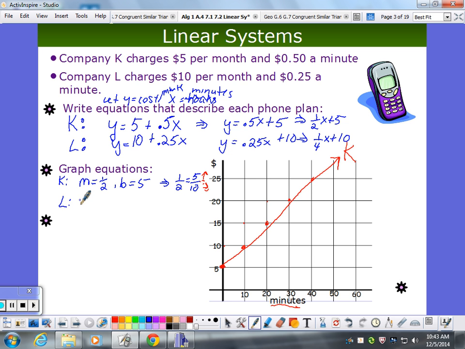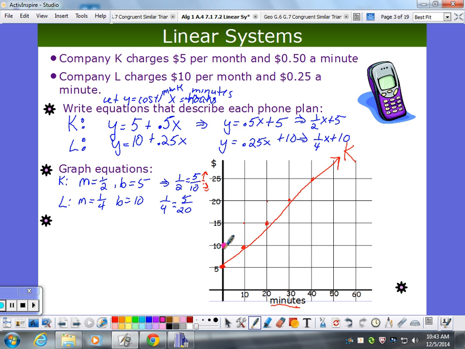So that's company K. Now let's look at company L. The slope is 1/4, and the b is 10. Once again, I want to change that 1/4 into something more manageable. What might I change it to? 5/20. That's a good idea. What other color can I use here? Pink. Your b is 10, so you're starting from here.